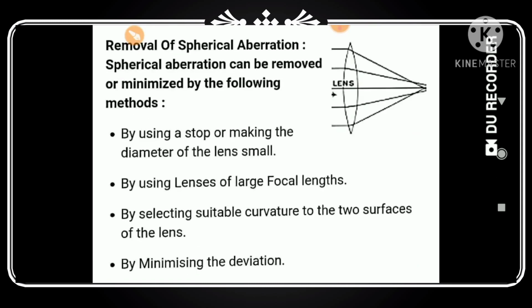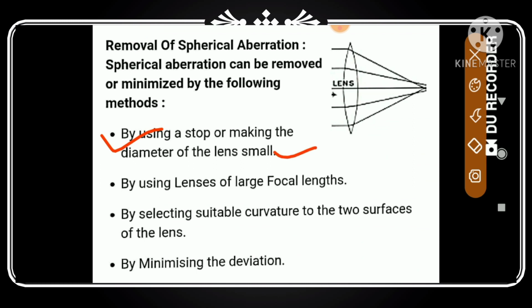These are other methods to reduce spherical aberration. The first one is using stops, or making the diameter of the lens small. By using stops for a large aperture, we can reduce it and get a small aperture, and then we get a defined image. The second one is using lenses of a large focal length. Taking large focal length lenses, we get well defined images.